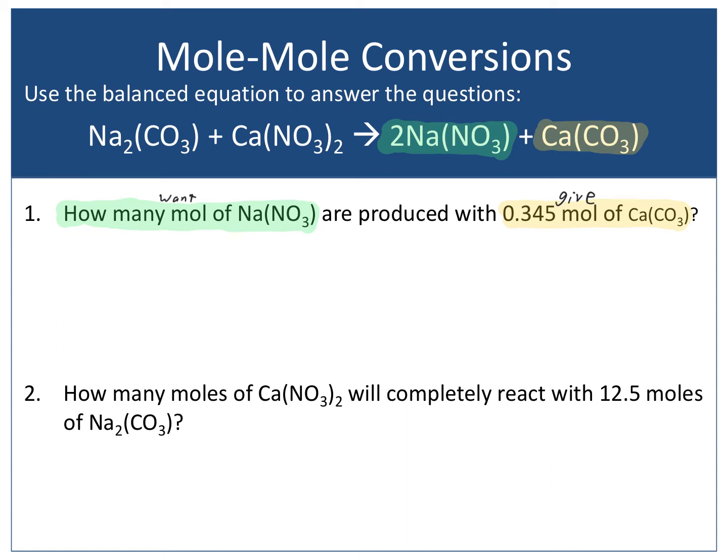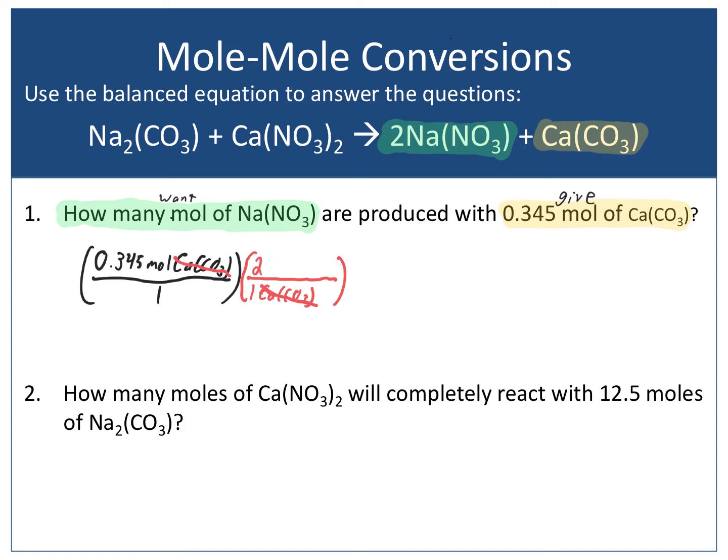All right, let's write down what we got here. My given amount is 0.345 moles of CaCO3 in parentheses. I'm going to put this over a 1. Multiply it by my mole ratio. All right, there's 1 CaCO3 in my balanced equation. Cross that out first.